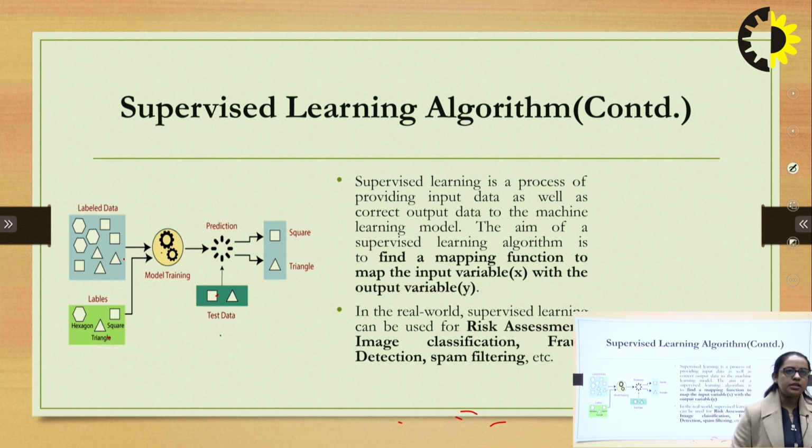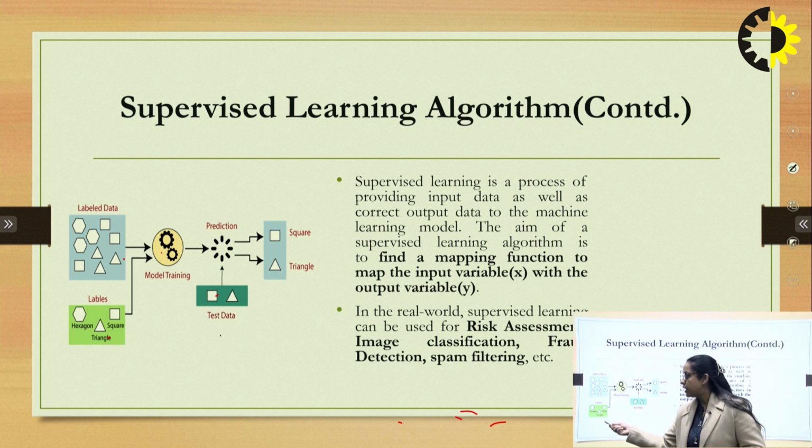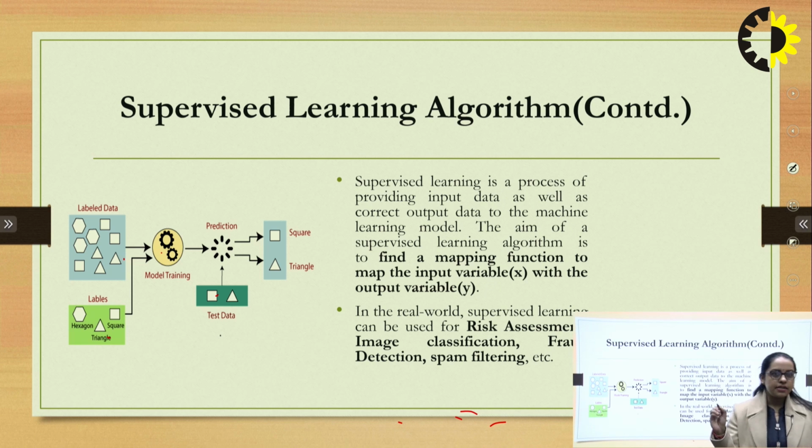Face recognition is like what? Image classification. This particular example in itself is image classification, pattern classification, signature analysis. These are the problems where we can use a supervised learning algorithm, and it will work effectively also.